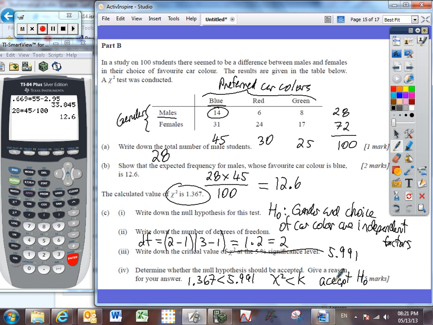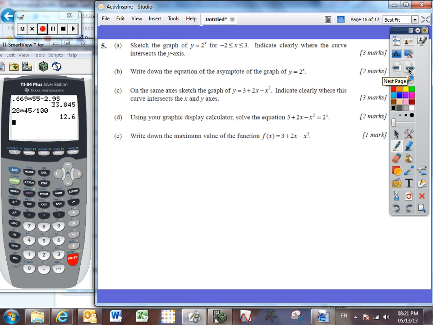And accepting the null hypothesis means, of course, that yes, gender and choice of car color are indeed independent factors.